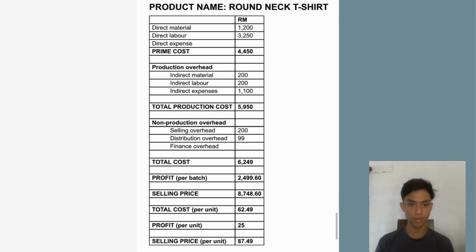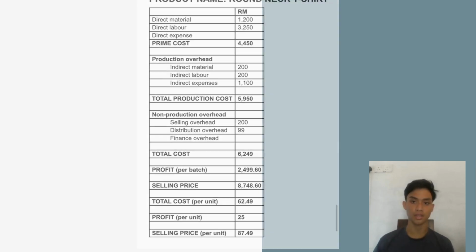Our non-production overhead, we have selling overhead, which is 200, distribution overhead 99, and the total cost is 6,249. So our profit per batch is 2,499 and 60 cents. Our selling price is 8,748 and 60 cents. So total cost per unit is 62 ringgit 49 cents. Our profit per unit is 25 ringgit and our selling price per unit is 87 ringgit 49 cents.